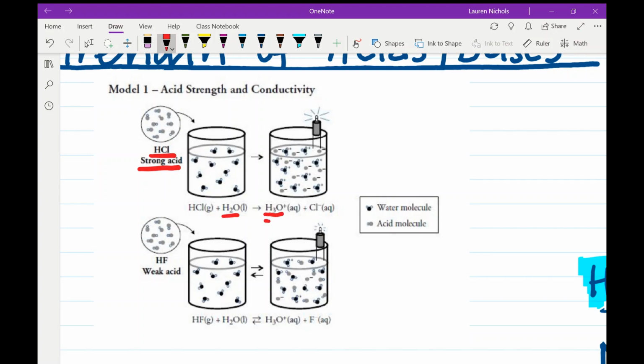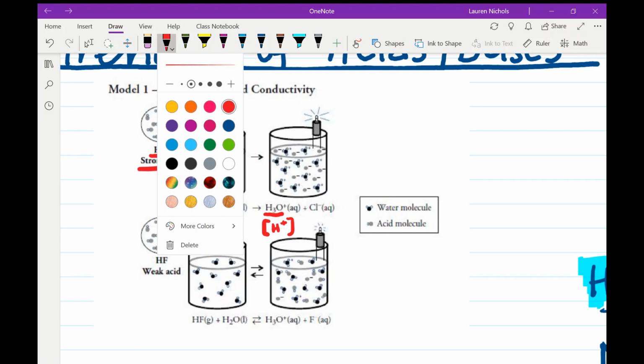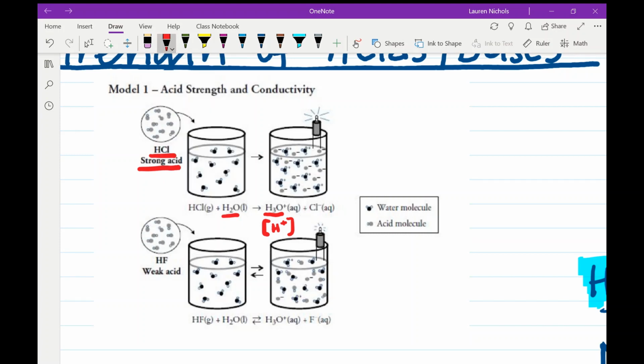ion. Oftentimes it's abbreviated as just H+, but that is our hydronium, and then we have chlorine left over. So it's dissociating, and you can see that literally all of these HCl molecules, the chlorine is the big gray one and the hydrogen is the little one, are all breaking apart. So you see all these negative and positive charges.